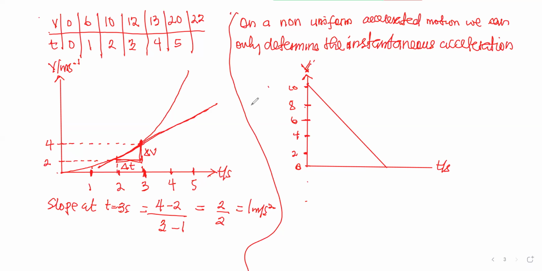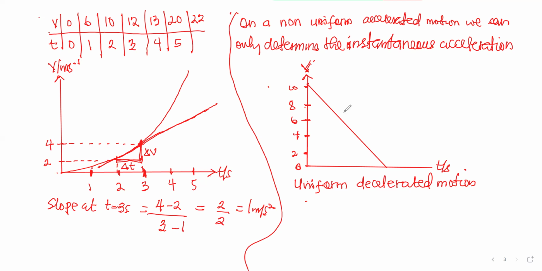This is a uniform decelerated motion, because the value of the acceleration will be the same, but the only thing is that it is negative at all times. So this is a graph of a uniform decelerated motion, or a uniform retarded motion.